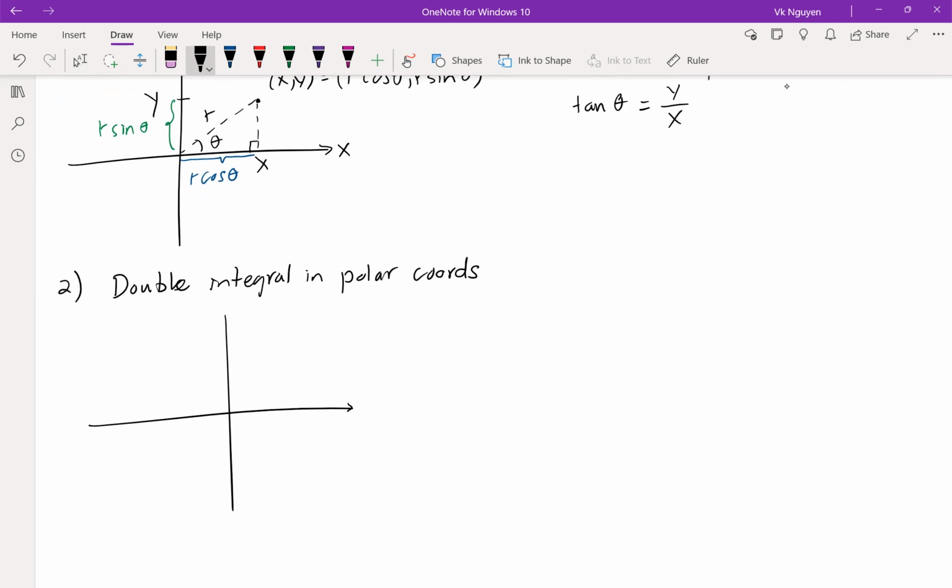Here comes (x, y). I'm going to take a piece of a circle here.